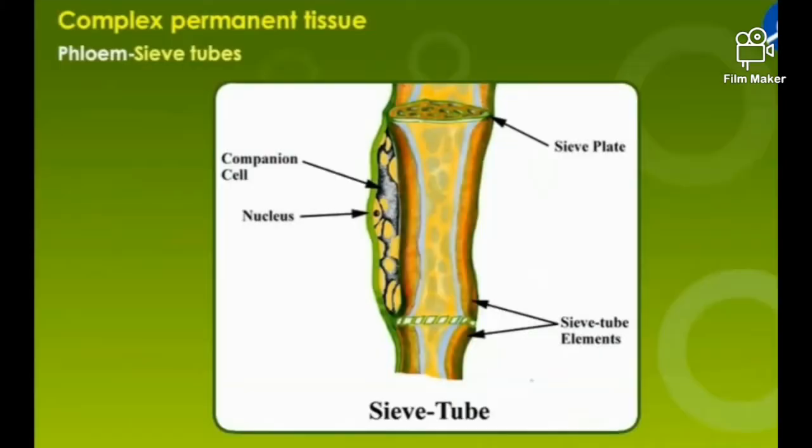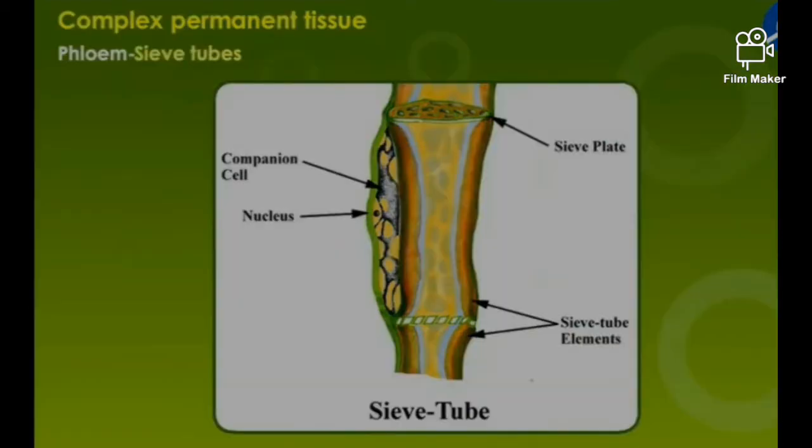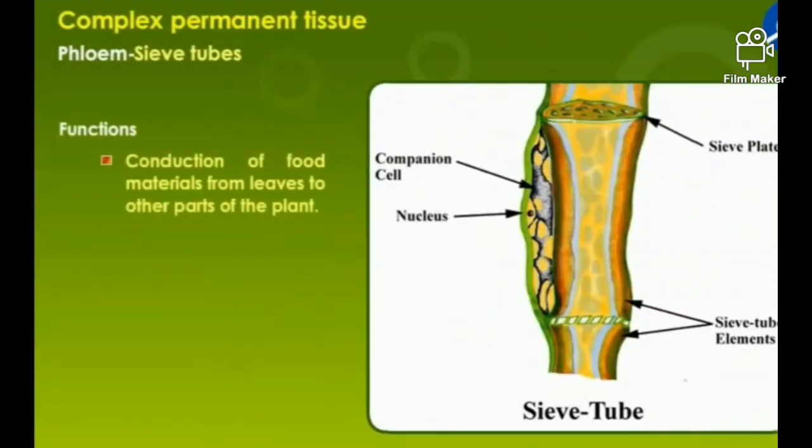The adjoining end walls of neighboring sieve elements form a sieve plate through which solution flows from one cell to another. They are found in angiosperms, gymnosperms, and pteridophytes. Functions: conduction of food materials from leaves to the other parts of the plant.